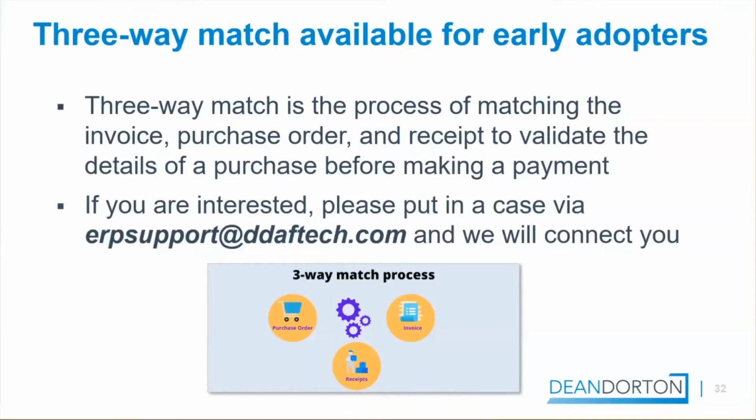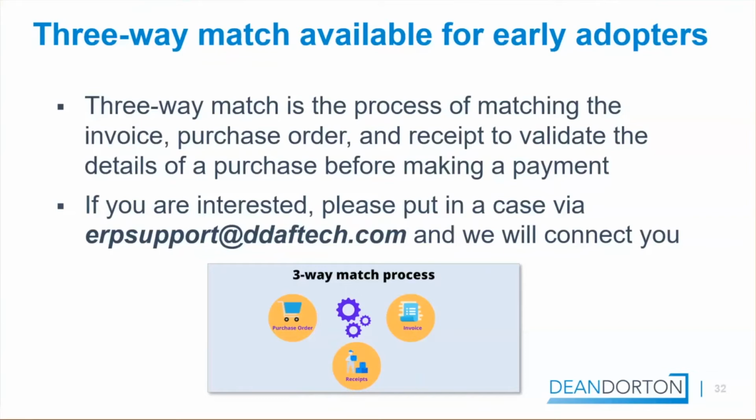If you have a need to participate in this early adopter program for this functionality, please send us an email at the address that you see there, and we will get connected with you to help you determine if you are a good fit and whether it would benefit you to go through the early adopter program. But that's exciting.